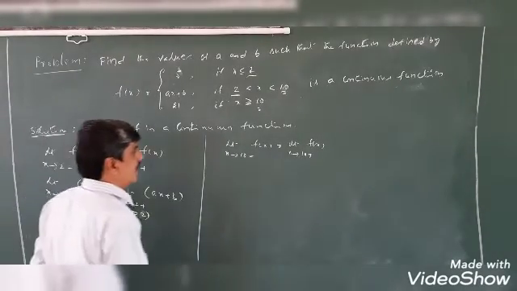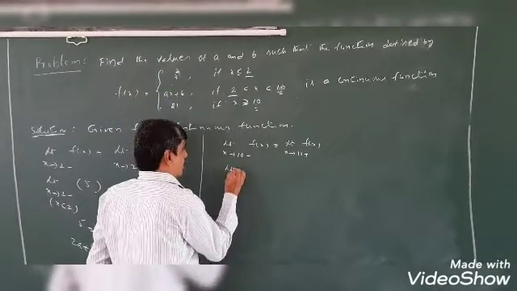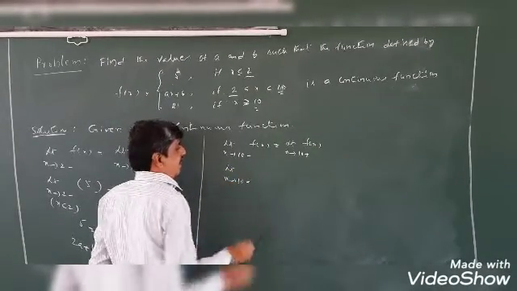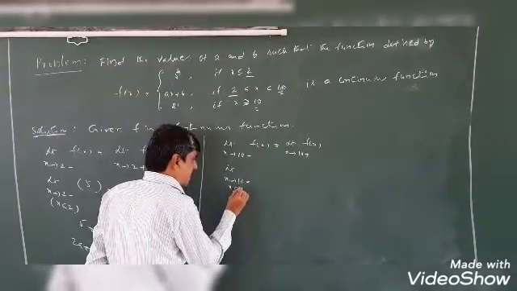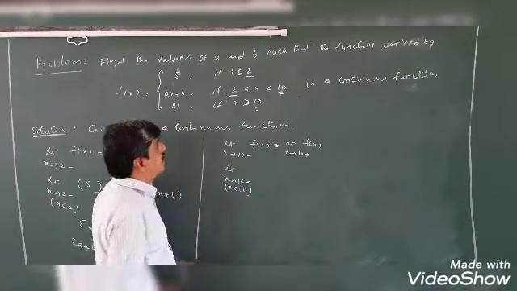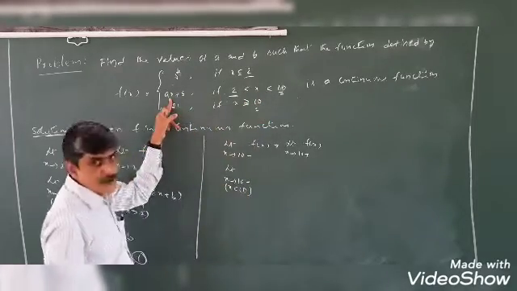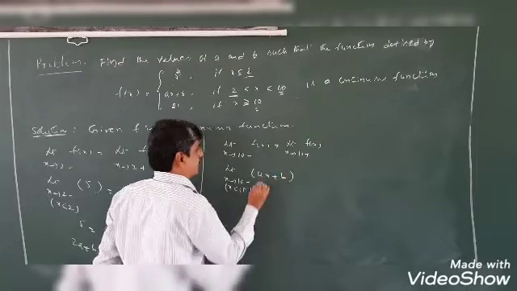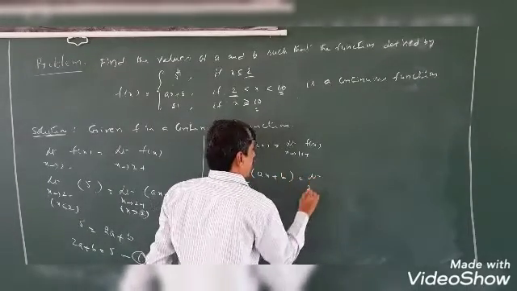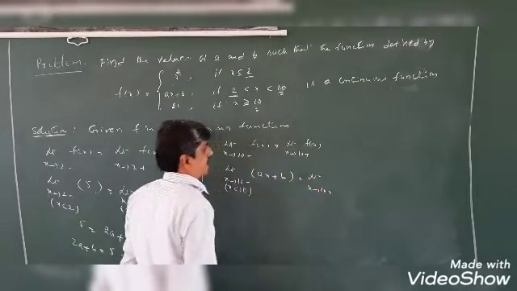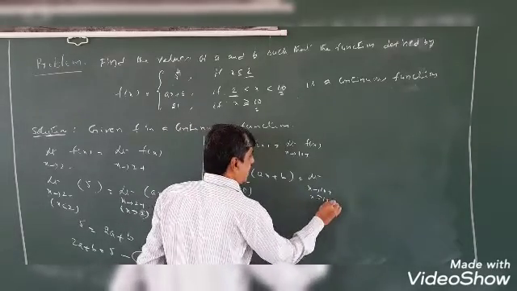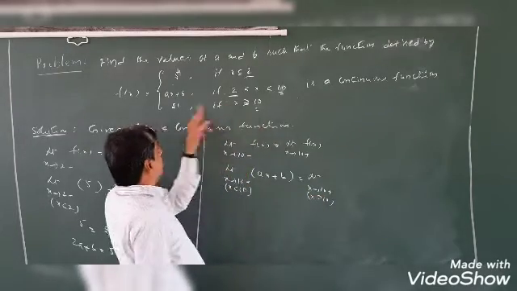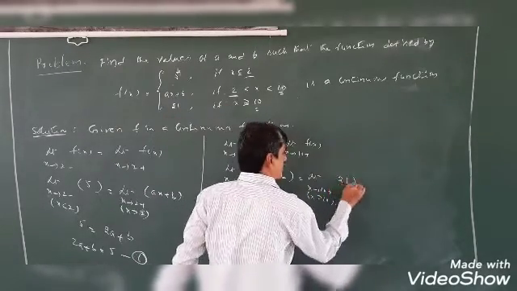Next, limit x tends to 10 minus. 10 minus means x less than 10. In the x less than 10 case, f of x is defined by ax plus b, which is equal to limit x tends to 10 plus. 10 plus means x greater than 10. In the x greater than 10 case, f of x is equal to 21.